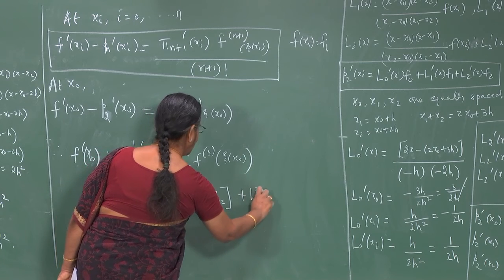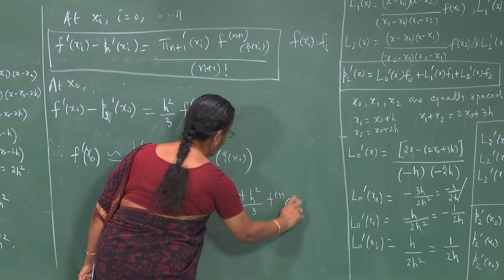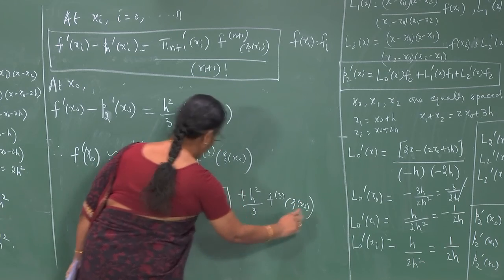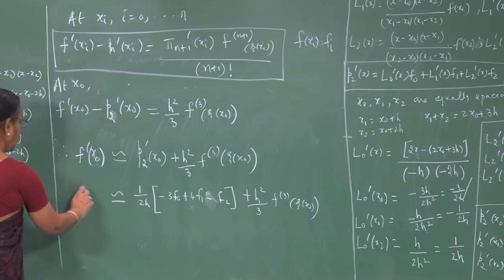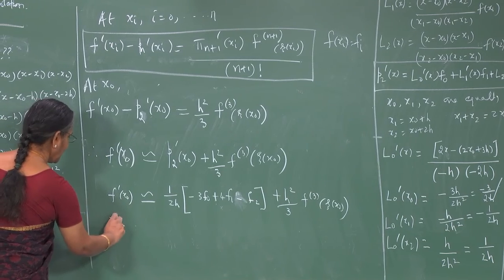And the error in this approximation is h square by 3 into third derivative evaluated at psi of x naught. So, that is the approximation for f dash of x naught.